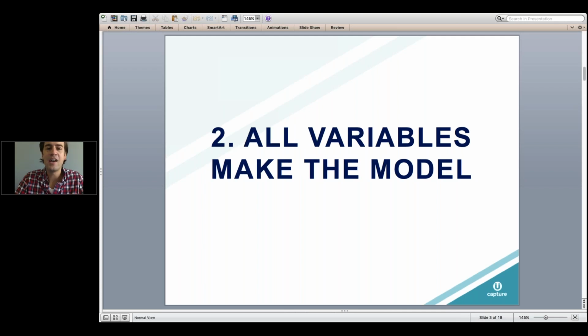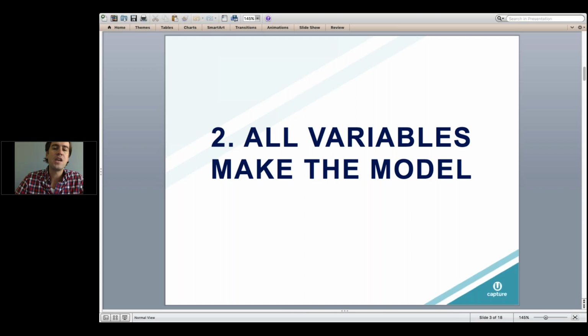Another one that you may not know about because it's brand new is that all the variables make the model. A question that we had a lot over the last year was, which of my variables are in the model? Is there any way to show me that? There were some technical reasons that we were unsure how to really address that question, but we figured it out.